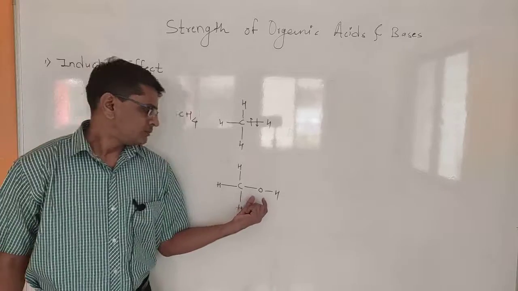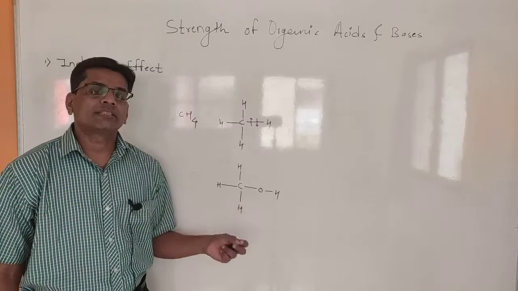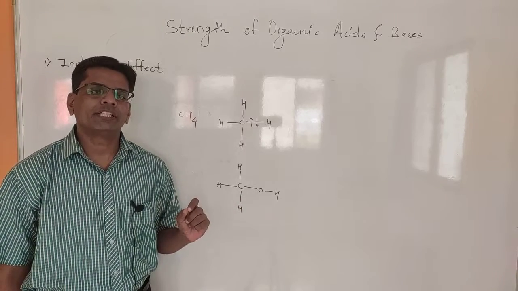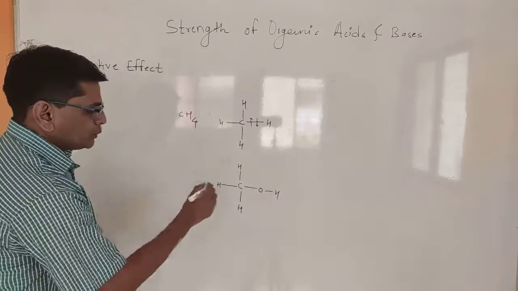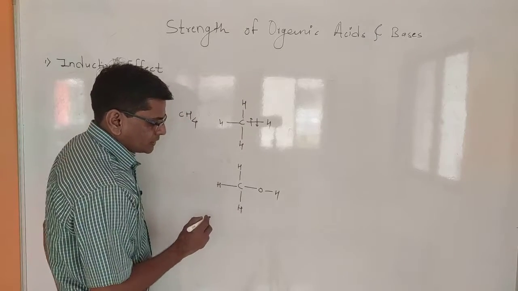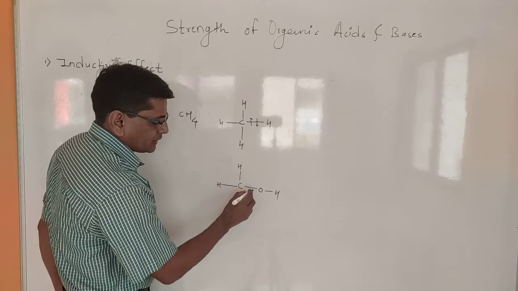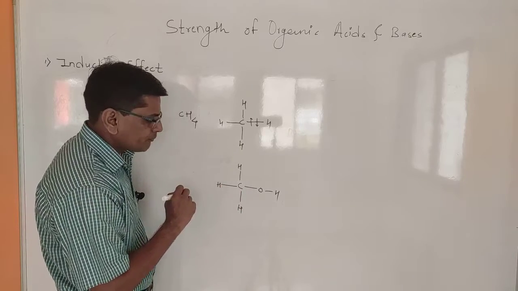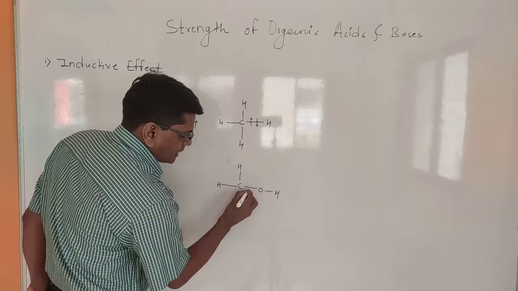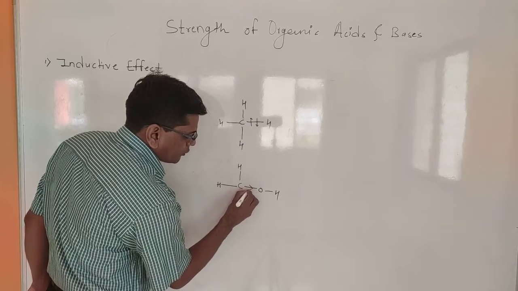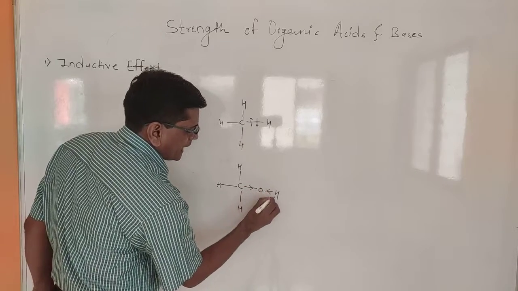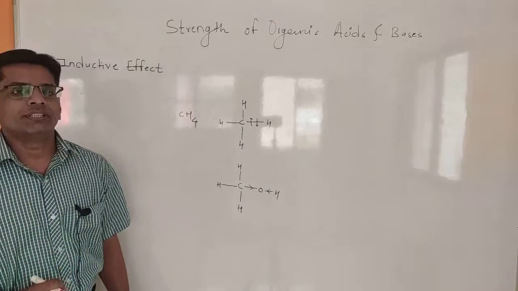now you know the oxygen is the second most electronegative element in the periodic table. Due to the electronegativity of oxygen, it creates poles in the molecule. This oxygen withdraws the electron from its neighboring atom due to its electronegativity.